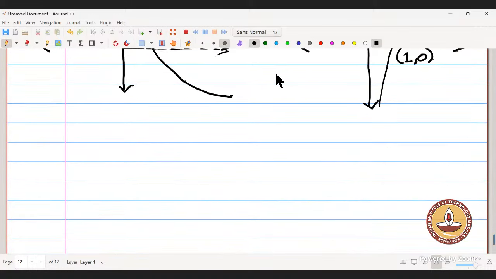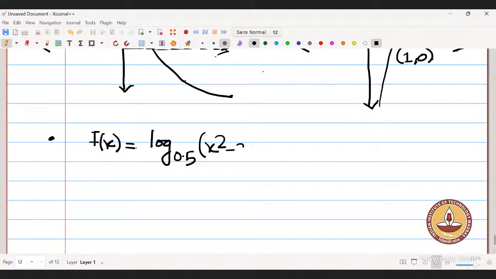So now, okay, let me solve a few questions. Let me start with the domain, how to compute the domain of some logarithm. Not this one, some slight modification of a logarithm. So if you consider this function, let's say, what will be the domain of this function?